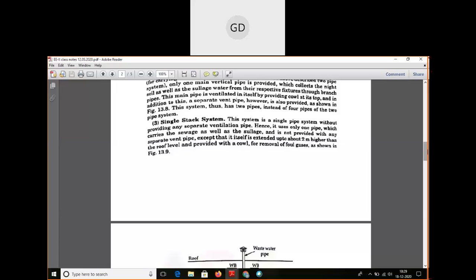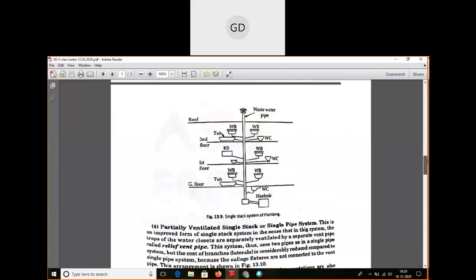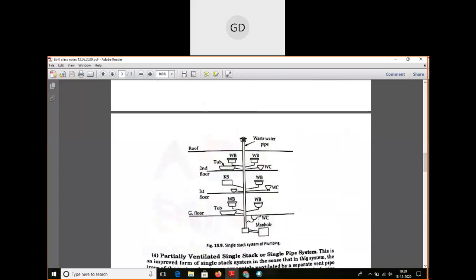You see here this is the diagram. This is a diagram of your single stack system of plumbing. This is the only pipe you can see, and at the top, this is the roof level, and then it is again extended up to 2 meters and provided with a cowl, and that removes your foul gases.